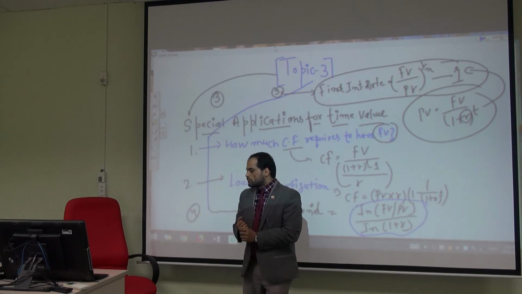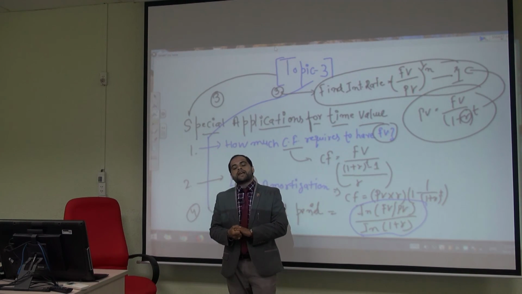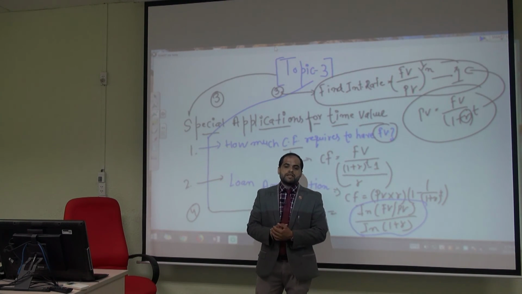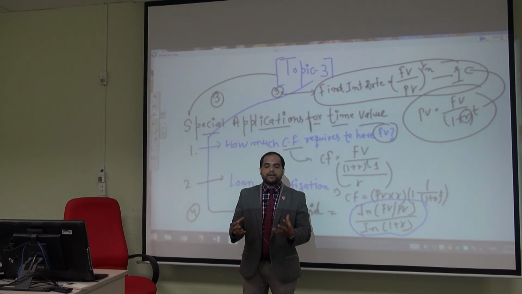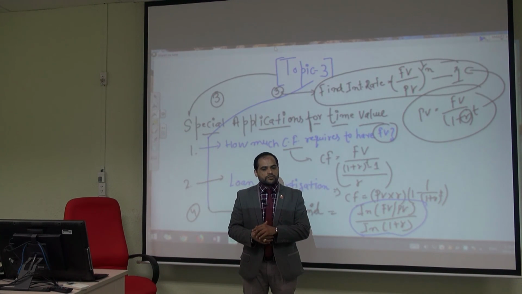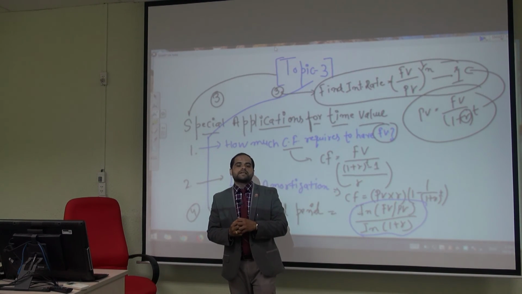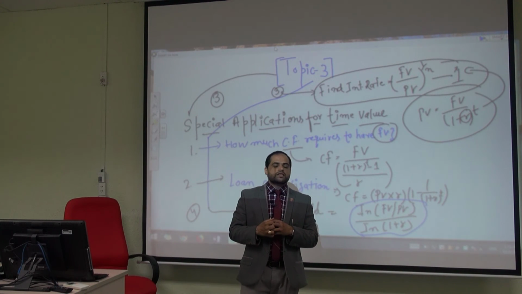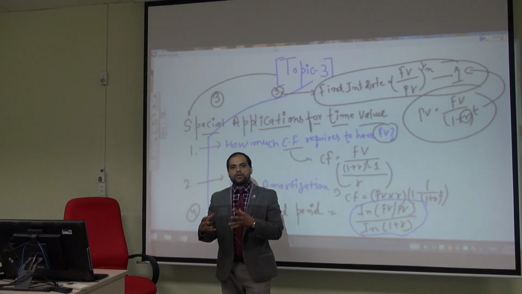The third cash flow is a perpetuity. Perpetuity means when life is infinite, so when the time period is not given. In these situations, we estimate only present value, because future value is related to time. We don't estimate future value. The last cash flow is mixed stream cash flows, which means unequal periodic payments.